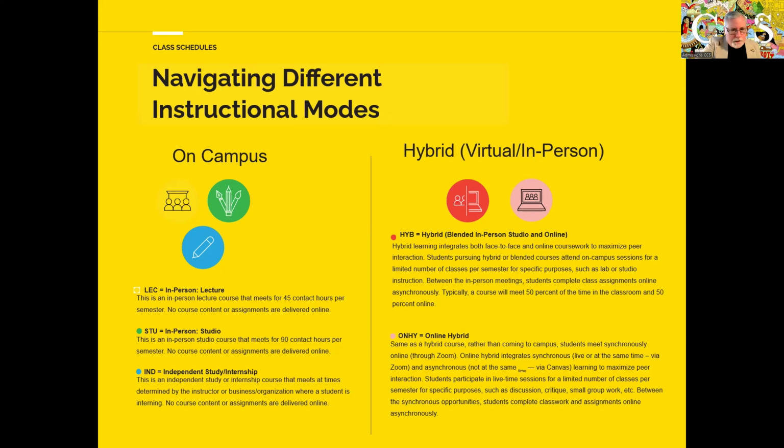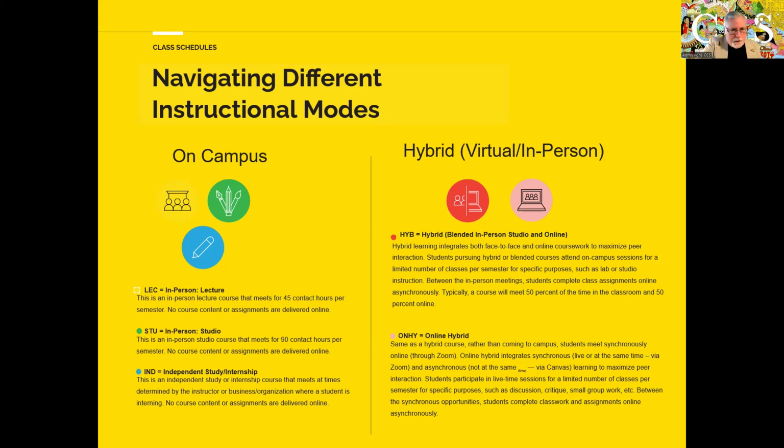Now, there may be some virtual coursework, less likely, but possible, in which case it's going to be indicated as HYB for hybrid. So that's both blended in person and in studio or studio and online coursework. And again, you'll have these conversations if you have any questions with your academic advisor, and they can explain these probably a little bit more than I am.